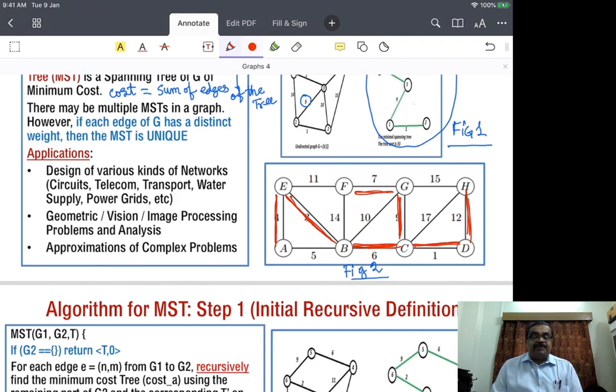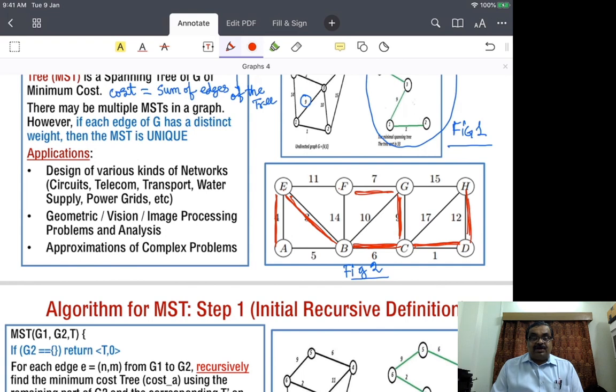The minimum cost spanning tree has got a number of applications. For example, consider these 8 nodes of figure 2 to be the nodes where some connection is to be made so that information can be passed in a network. Say it's a telecom network.